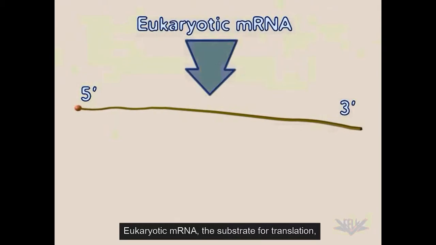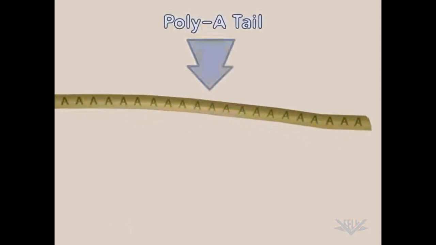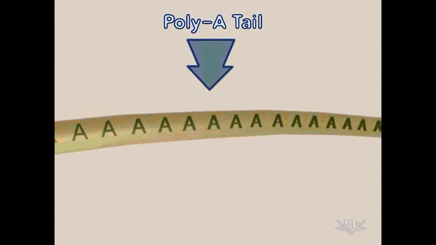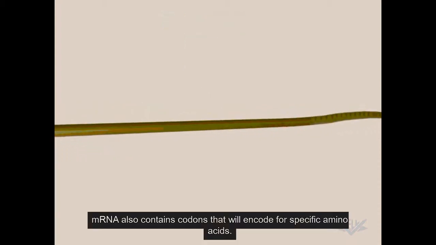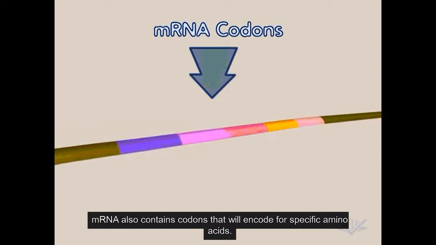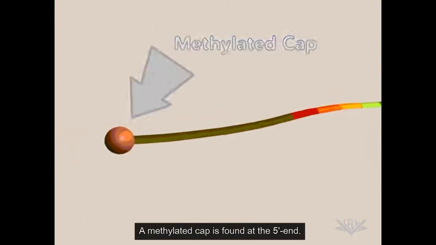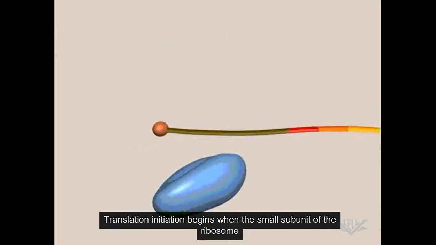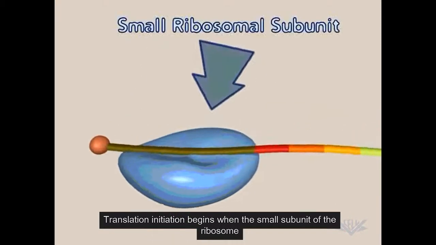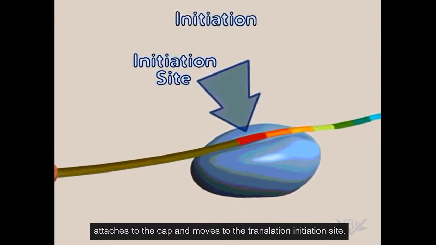Eukaryotic mRNA, the substrate for translation, has a unique 3' end called the poly A tail. mRNA also contains codons that will encode for specific amino acids. A methylated cap is found in the 5' end. Translation initiation begins when the small subunit of the ribosome attaches to the cap and moves to the translation initiation site.